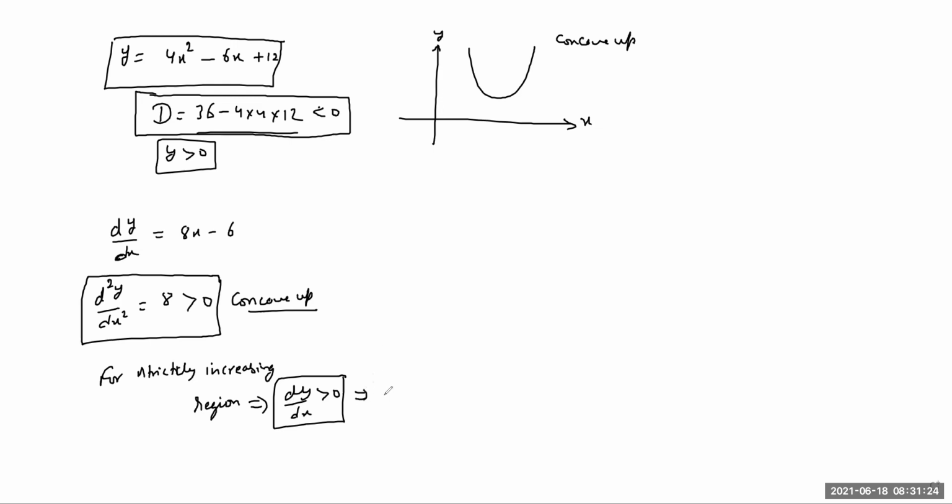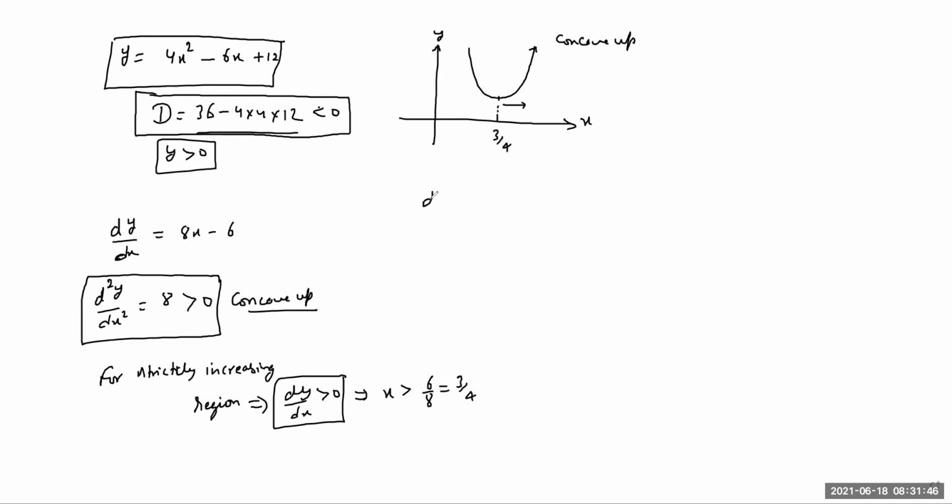So this gives us x more than 6 by 8, which is equal to 3 by 4. It means at 3 by 4 and beyond, it is always increasing. You can see that the graph is in increasing mode if you go towards the right of this.